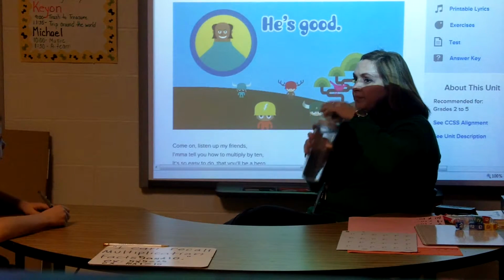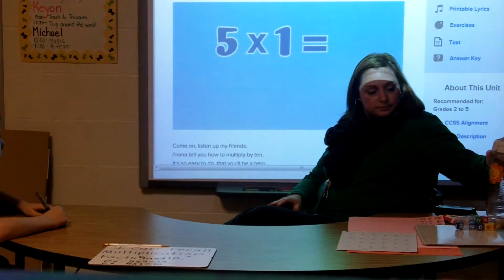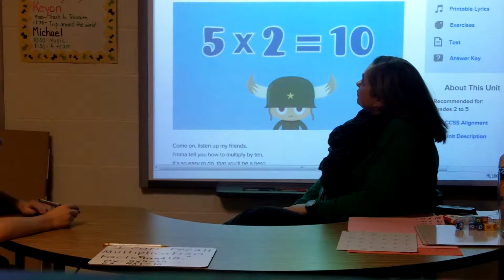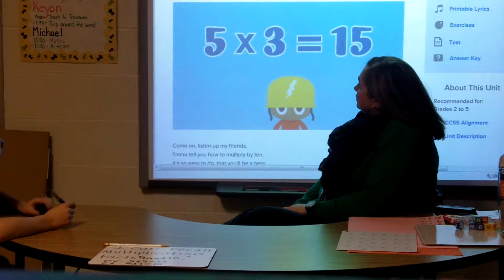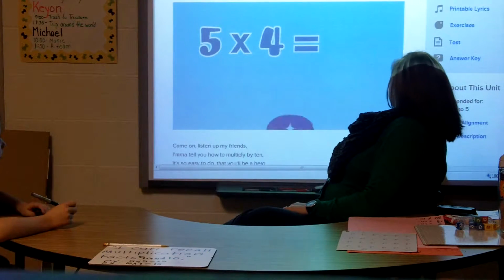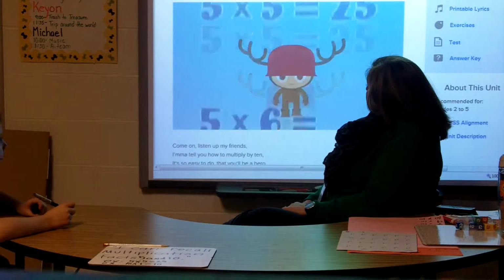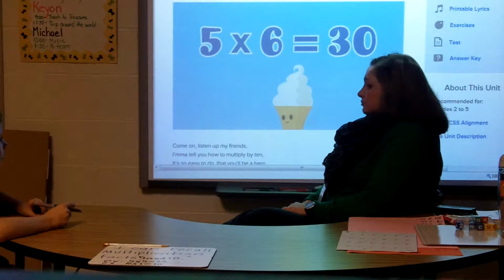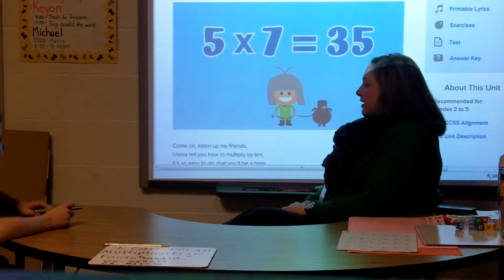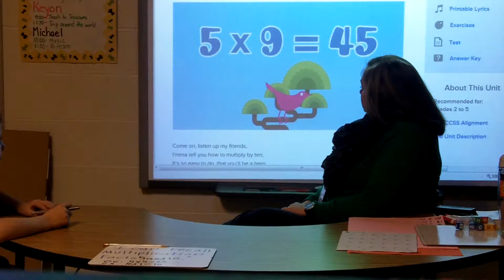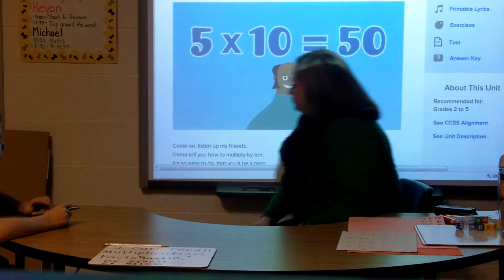He's good. Hey, 5 times 1 is 5. 5 times 2 is 10. 5 times 3 is 15. 5 times 4 is 20. 5 times 5 is 25. 5 times 6 is 30. 5 times 7 is 35. And 5 times 8 is 40. 5 times 9 is 45. 5 times 10 is 50.